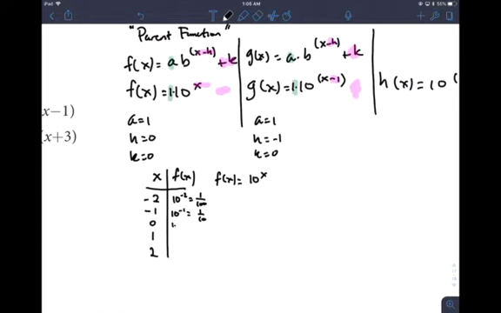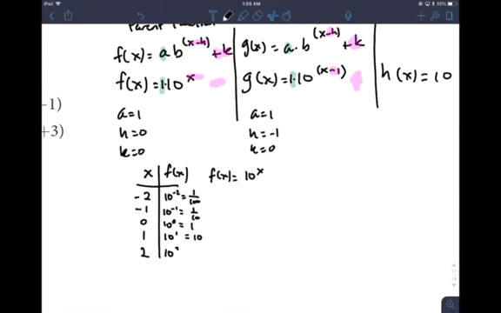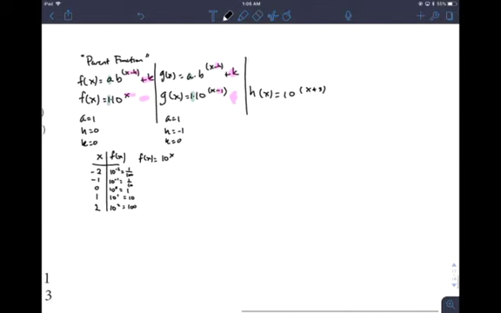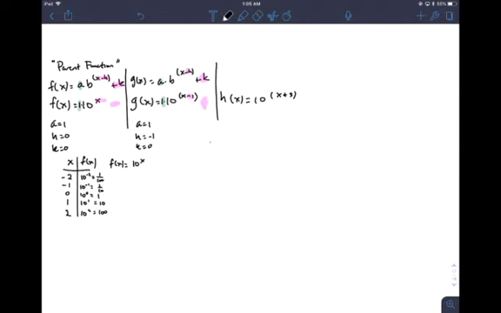This is 10 to the 0 power, which is equal to 1. This is 10 to the 1 power, which is just 10. And this is 10 to the second power, which is 100. So now I see what the graph looks like. I'm going to use those points to sketch my graph right here.